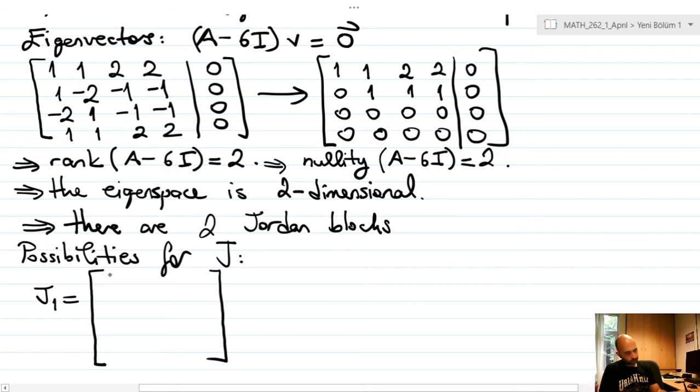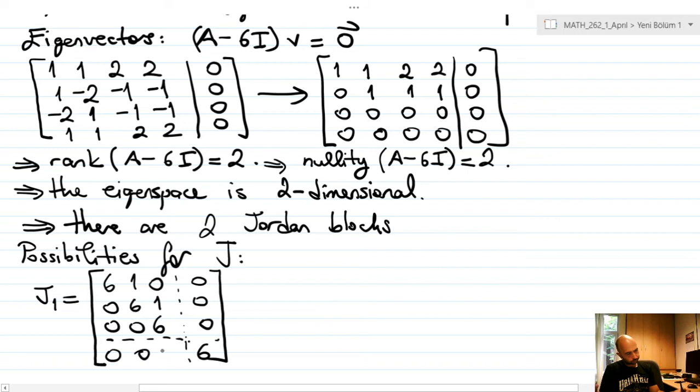One is this one: you have 6, 6, 6, 1, 1, a 3 by 3 block, and a 1 by 1 block here. Of course, the rest is zeros. This is one possibility. And then you have J2, where you have 2 Jordan blocks of size 2.